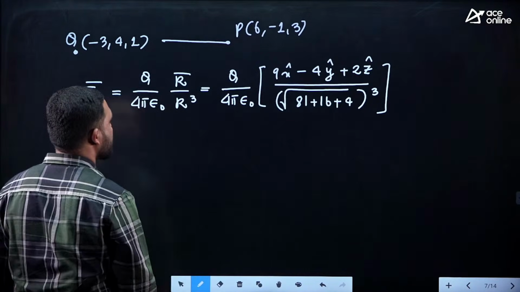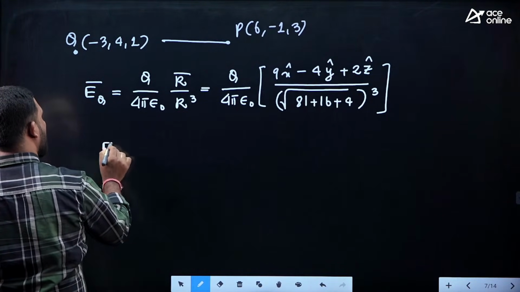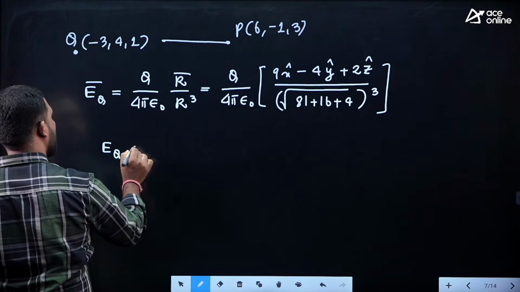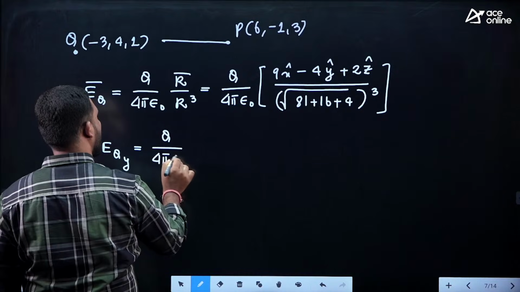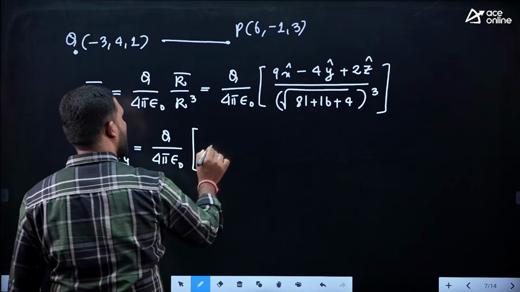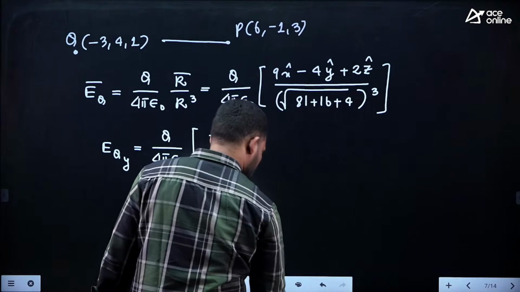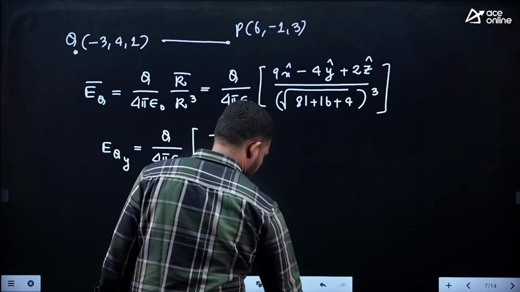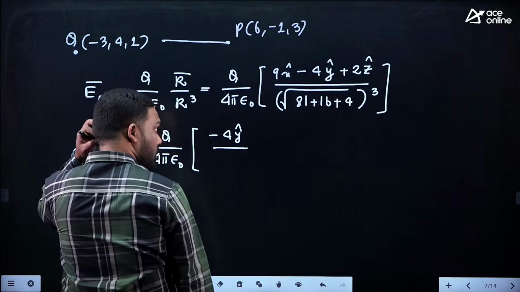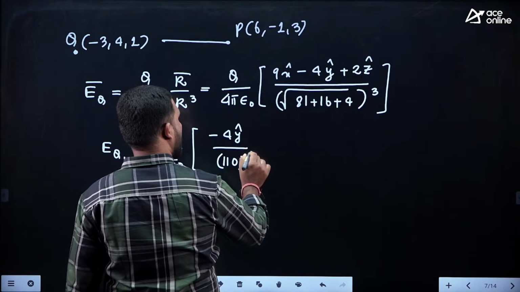Clear? Pick up only the y component. So q divided by 4 pi epsilon naught, the y component is minus y, divided by the square root of this, which my calculator shows as 110 to the power of 3 by 2.